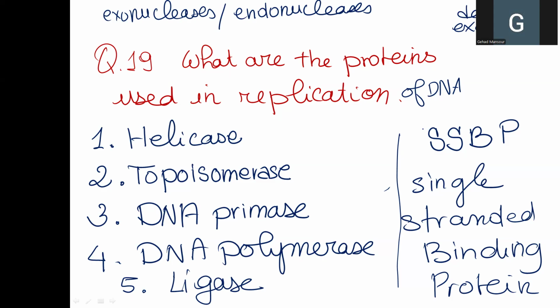If I had said any other thing, such as that the polymerase detects, it would be incorrect. So detecting the damaged parts of DNA and excising them is the function of the endo- and exonucleases. And now we will see how all these enzymes work together to help the process of DNA replication.